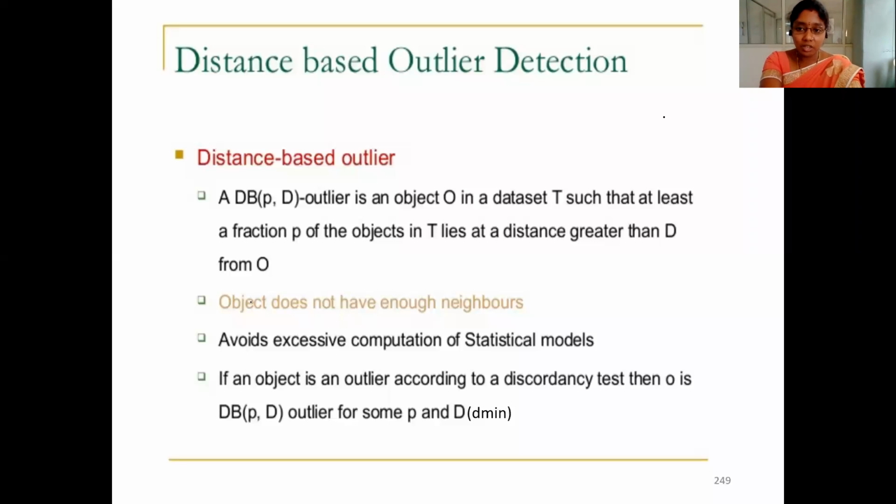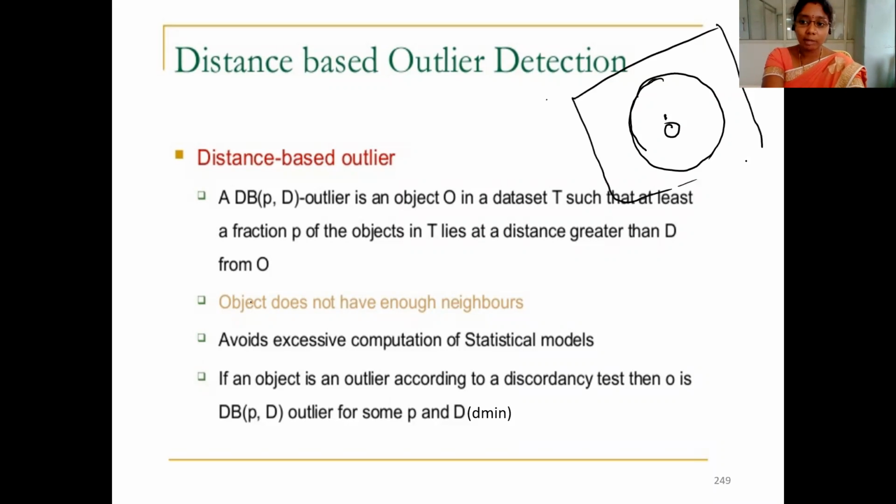Let's consider an object O. This is the object O, and this is the dataset T. Just imagine a boundary. This is not a cluster, this is some neighborhood boundary, just like a magnetic field, as I told in the last class, right?